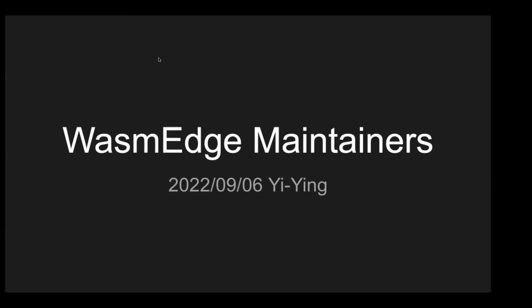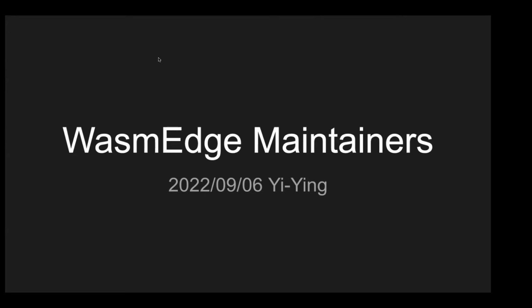From then, we started some extensions, like you may remember the JavaScript NAPI add-on, the TensorFlow extension, the storage extension, or the extension for Ethereum, eWasm. About 1.5 years ago, we implemented the WasmEdge C API.